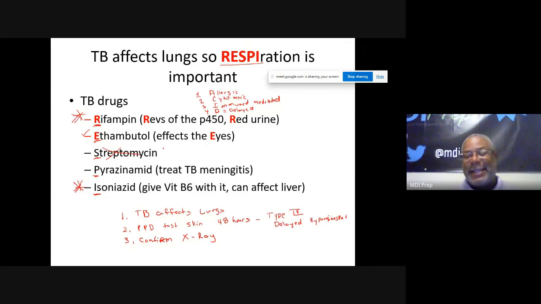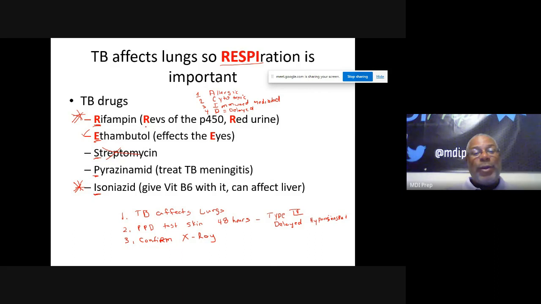Does everybody understand the mnemonic RESPI? It's pretty obvious. Yes. Okay, perfect. All right, now let's talk about this for a second. So let's see what kind of questions the INBDE is going to ask you. One, they want you to know about rifampin.